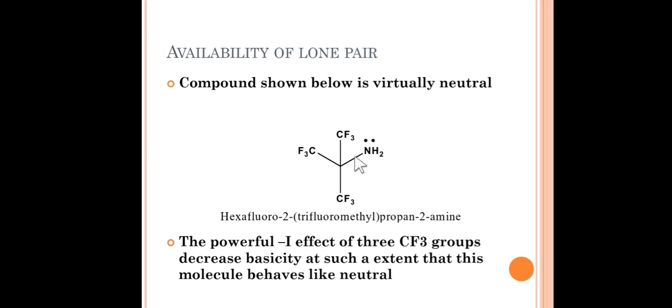This powerful minus I effect of three CF3 groups decreases the basicity to such an extent that this molecule behaves like a neutral compound because of the least availability of the lone pair on the nitrogen. So friends, this is how the availability of the lone pair affects the strength of bases.